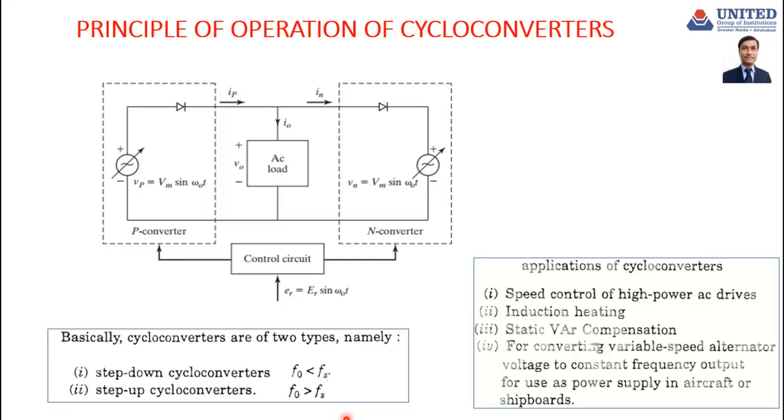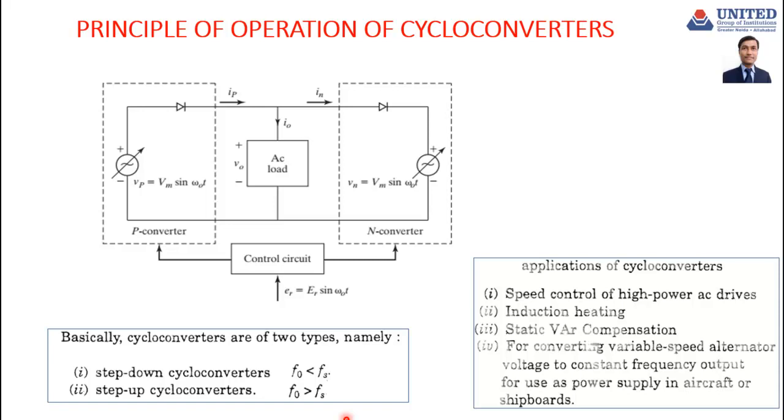Fast switching devices and microprocessors are used in step up cycloconverters to implement advanced conversion strategies. So step up cycloconverter is also known as forced commutated direct frequency changer.